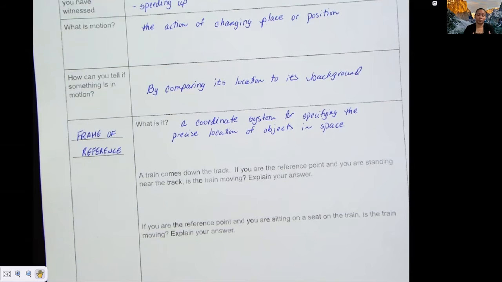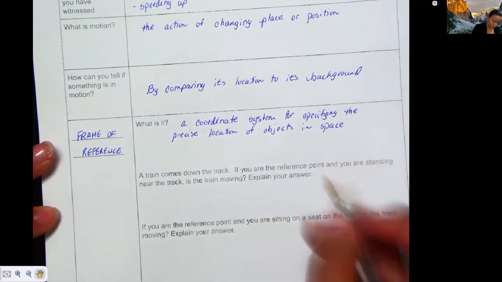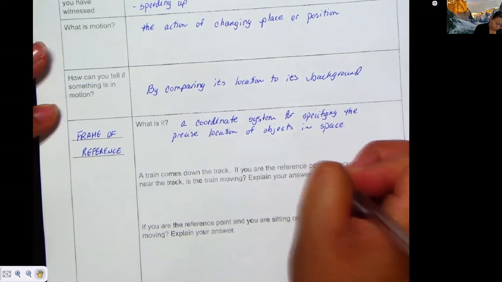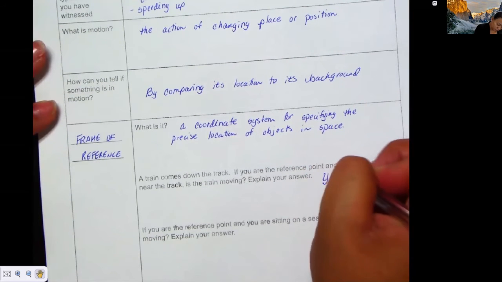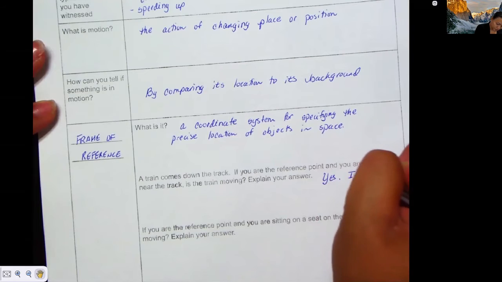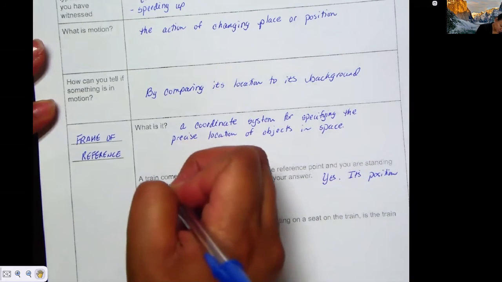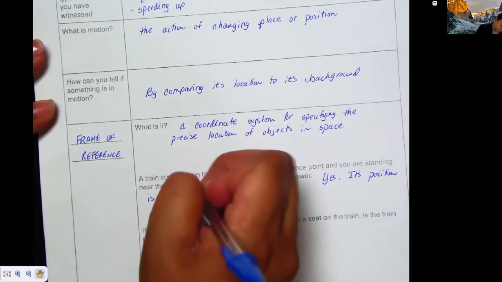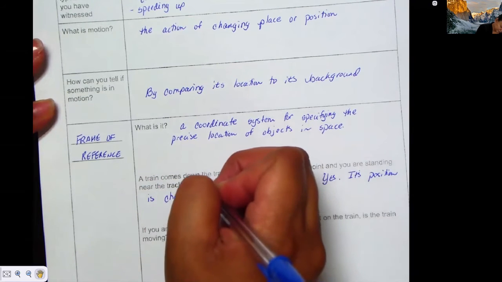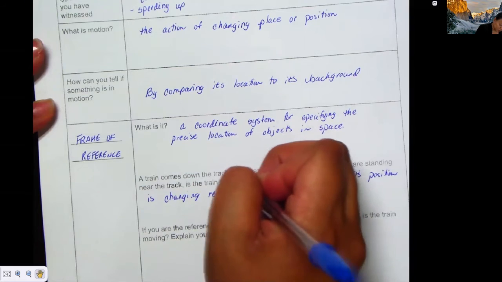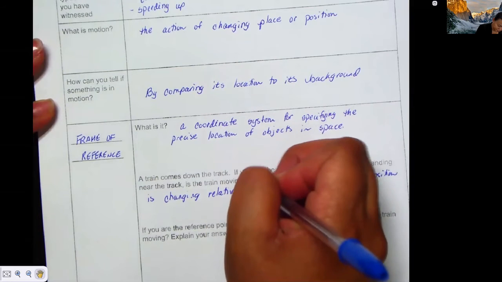So that would be yes, the train is moving. So its position is changing relative to myself or yourself.